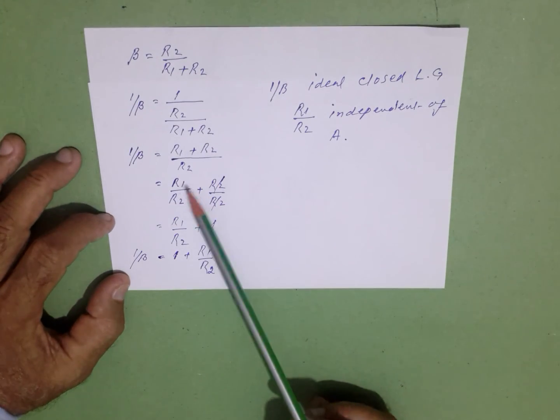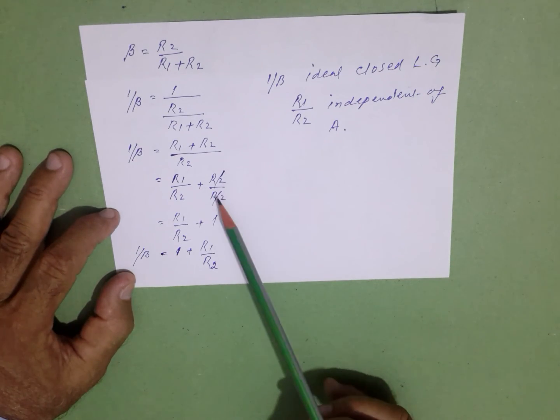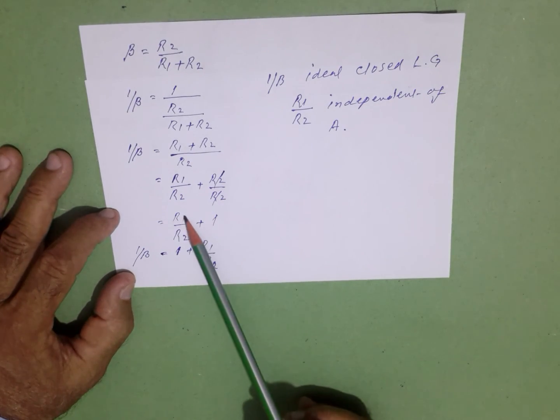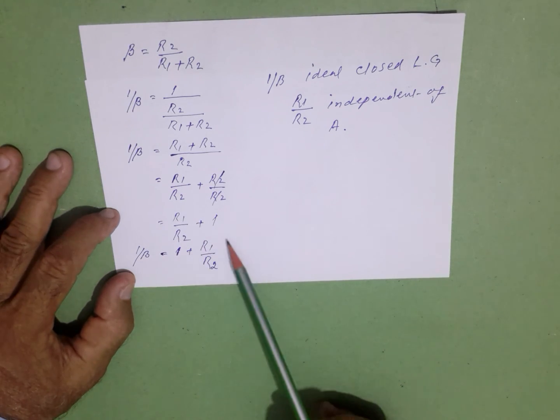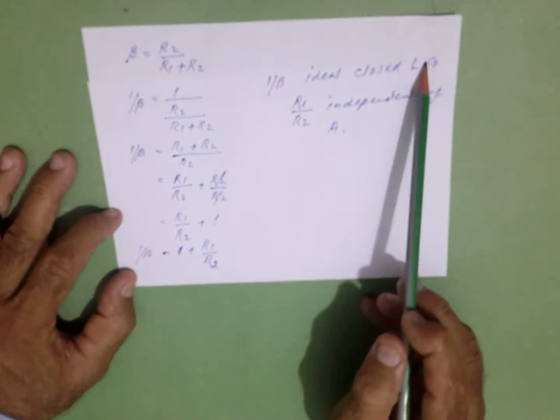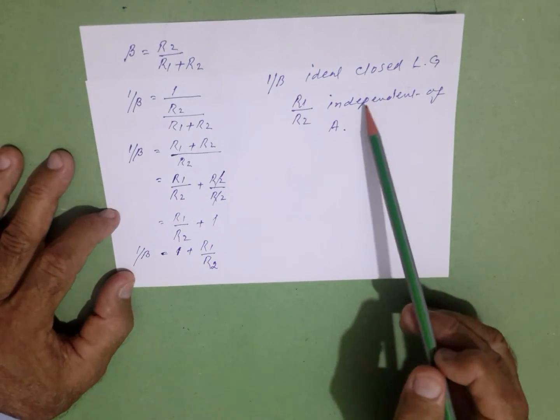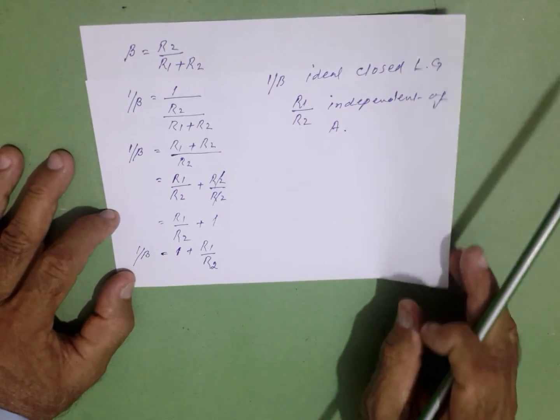This can be written as R1 over R2 plus R2 over R2. R2 cancels with R2 and we are left with R1 over R2 plus 1. This can be written as 1 plus R1 over R2. 1 over beta is called the ideal closed loop gain and it depends on the ratio of R1 and R2 and is independent of amplifier gain. That's all.